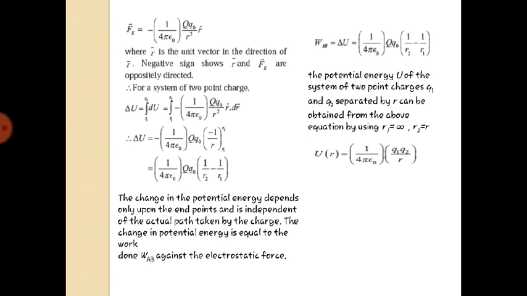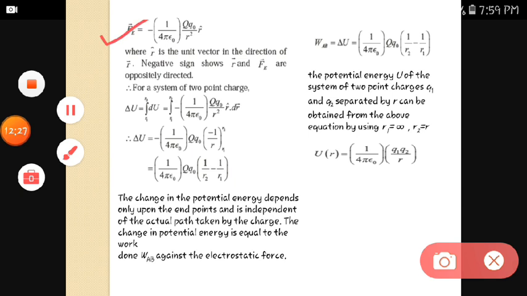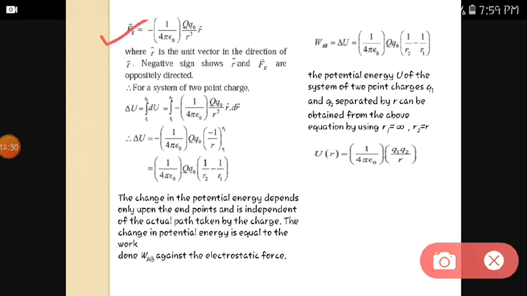In terms of vectors, we write Fe is equal to minus 1 by 4 pi epsilon 0, q0 upon r square, into r cap, where r cap is a unit vector in the direction of r bar itself. And what gives the negative sign? Just as we discussed, the force and the displacement are in opposite directions, so it has a negative sign.